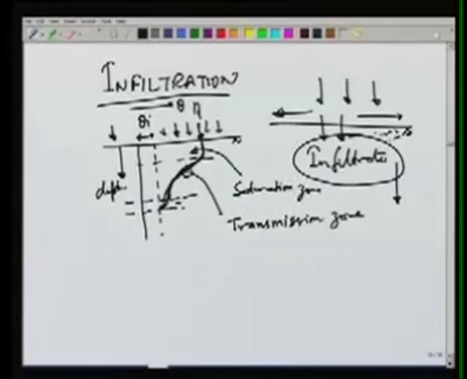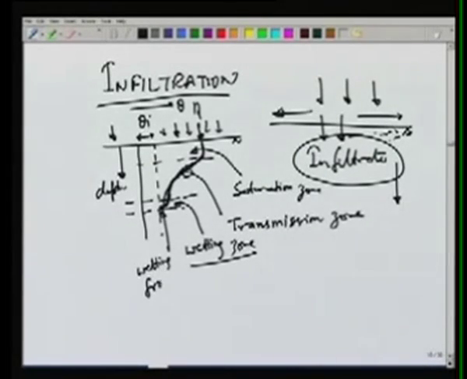And then we have a third zone here, which we can call the wetting zone, and there will be a sharp front here, a wetting front. So below this level, the soil will be existing at its previous or original moisture content.